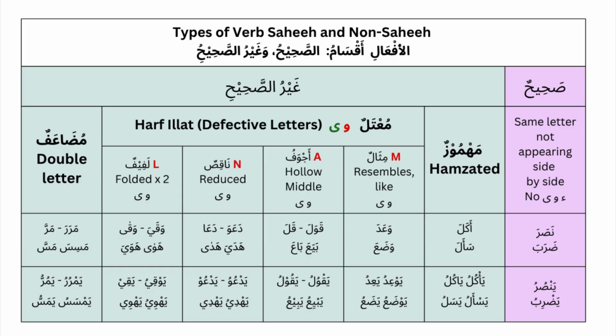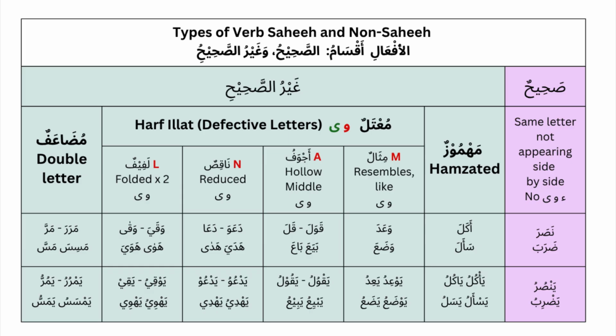Now inside mutal, we have four subtypes, and this is where your memorization comes in. This is your manal structure. M, mithal, weak letter at the beginning. A, ajwaf, weak letter in the middle. N, nakis, weak letter at the end.